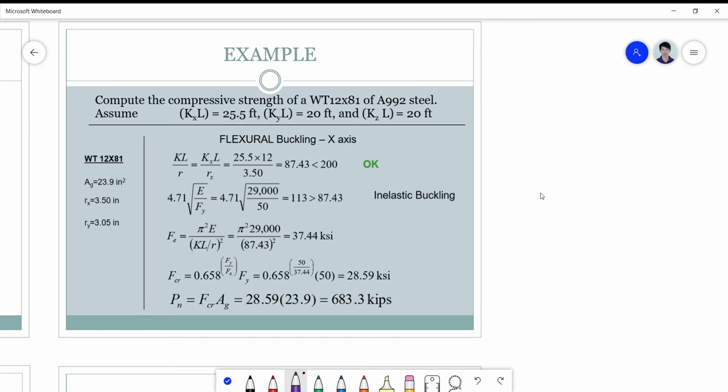Okay, so the effective lengths are also given in terms of the KL parameter, wherein the XYZ values for effective length are shown.